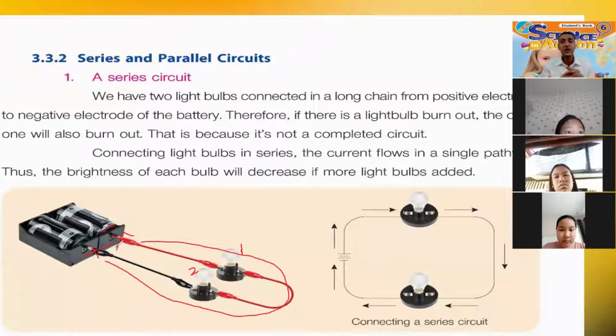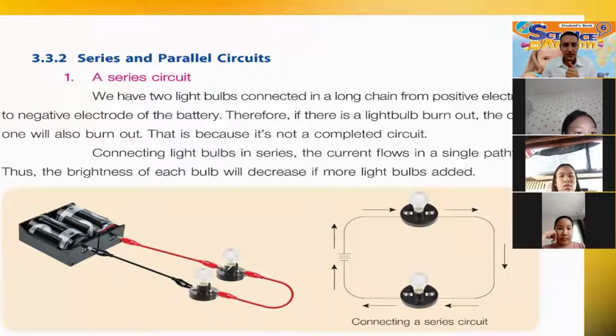So if a light bulb burns out, the other will also go out. For example, in between these two bulbs, if one bulb burns out, the other bulb won't work either. Why? Because this is not a complete circuit.